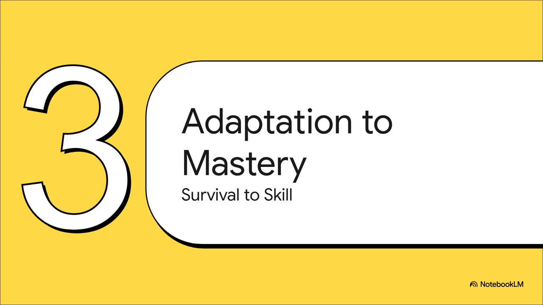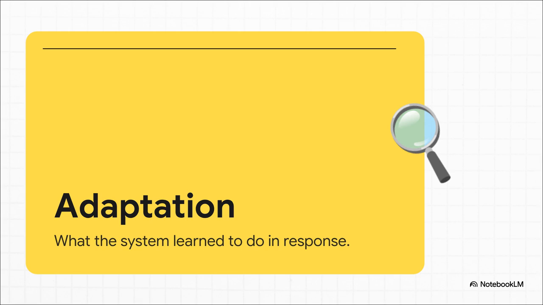Okay, next up, how does a knee-jerk survival reaction evolve into a genuine skill? This is the journey from adaptation to mastery. So once a trigger fires, the system develops an adaptation. And notice that key phrase in there. It's what the system learned to do.